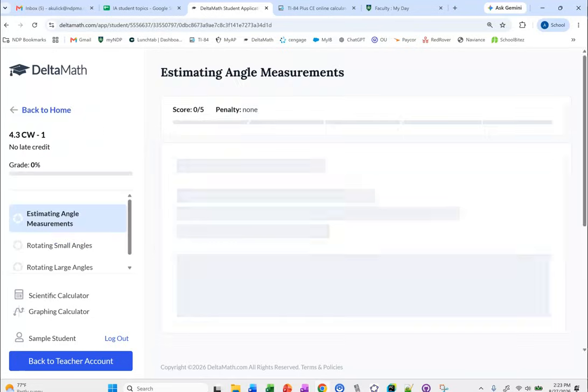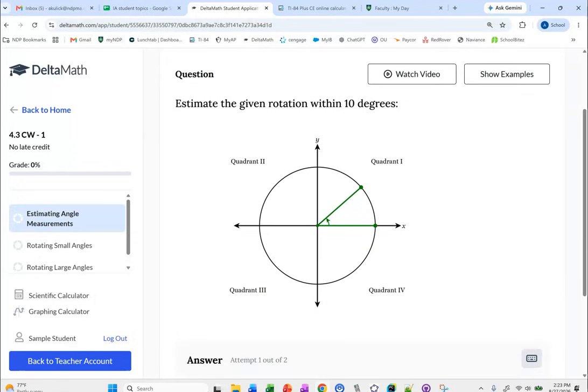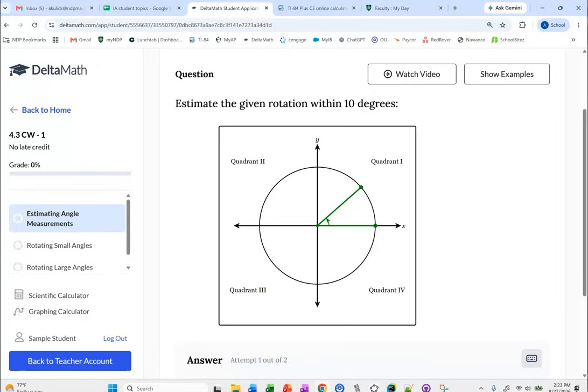All right. The first type of question asks us to estimate the angle within 10 degrees. So here they've drawn us our angle. If I look at this, it looks like it is in quadrant 1. So it's between 0 and 90, right? Where's that terminal side between 0 and 90? Looks like about halfway to me, right?